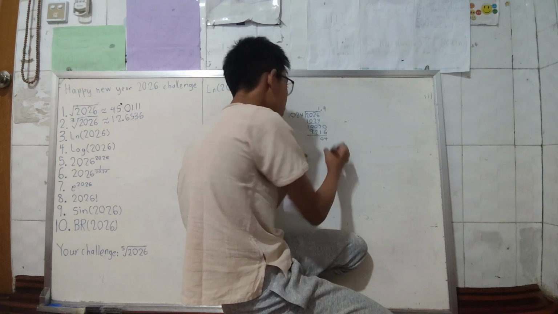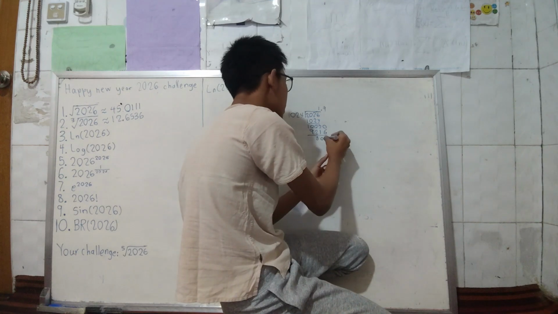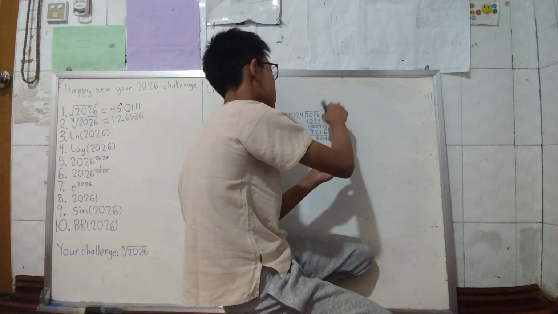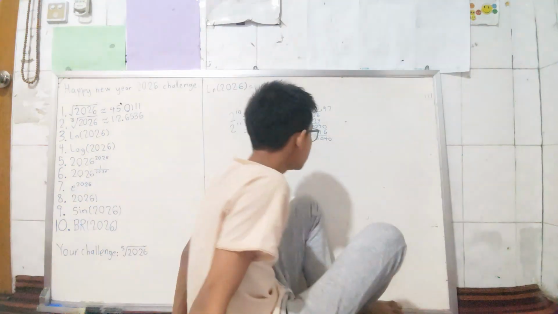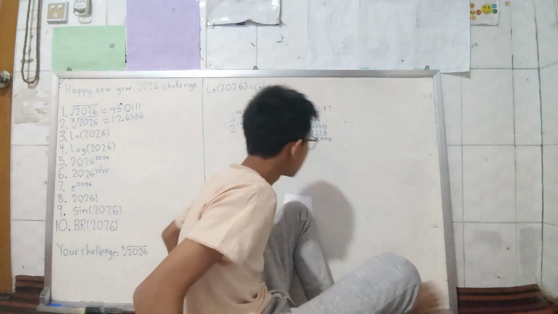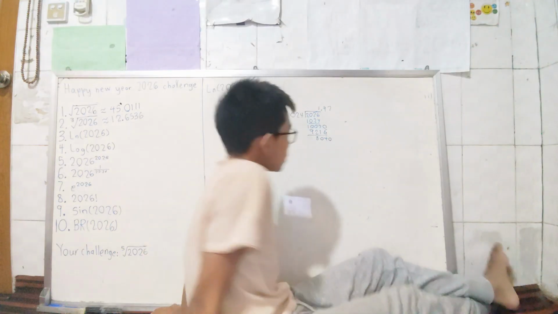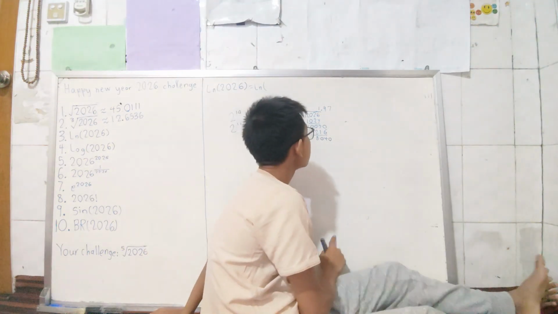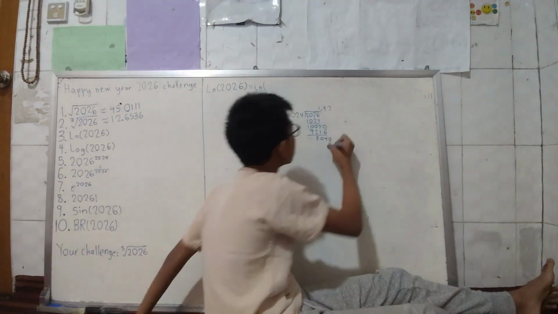0, 4. And then 1.98. No, that's going to be 97. 1.97. That's going to be, that's a bit hard. 4 times 7 is 28.